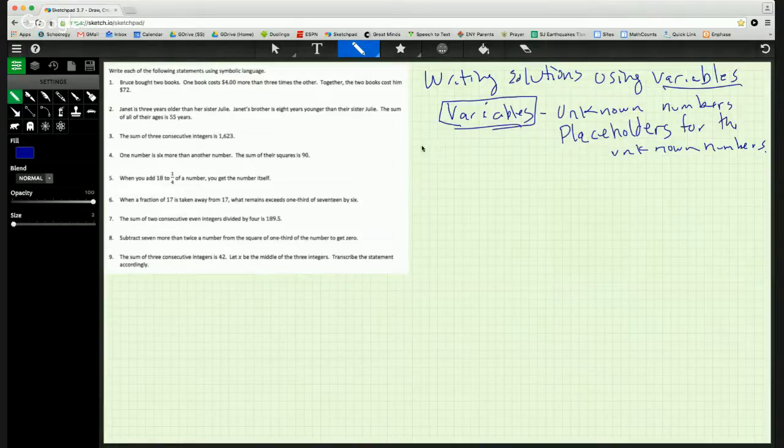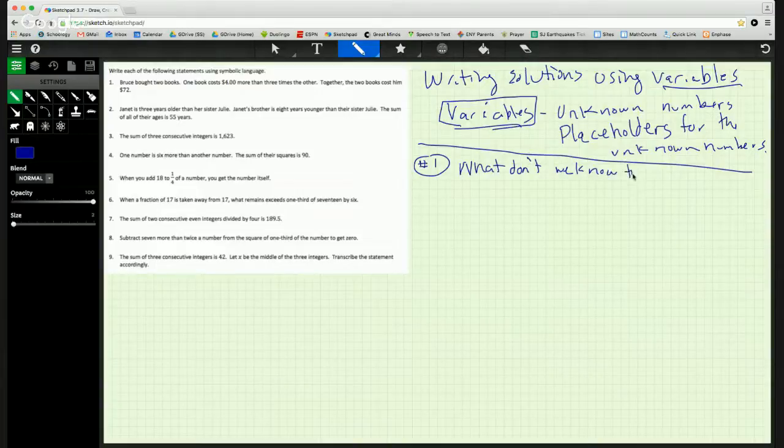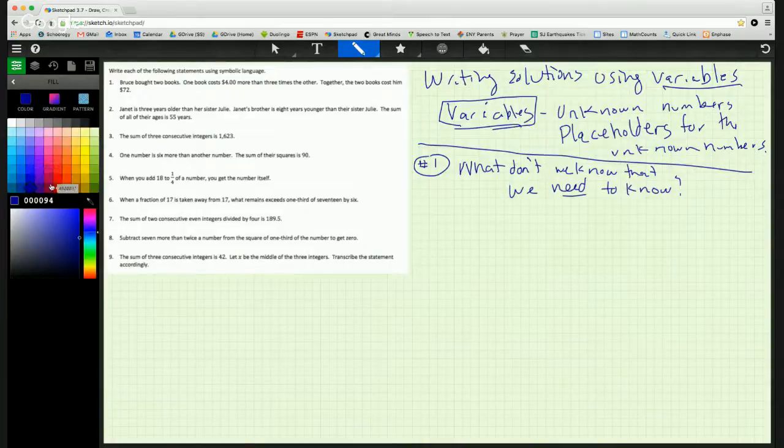The question is, what don't we know that we need to know? Do we need to know the size of the book, the height of the book? No, what we need to know is the cost of the book.